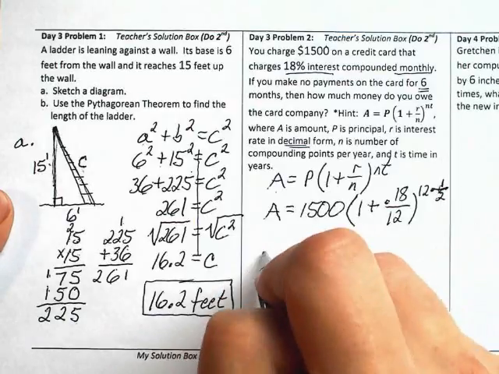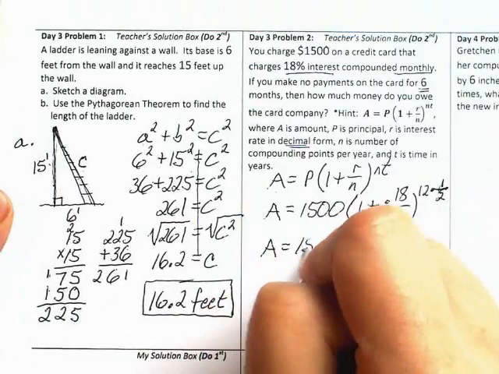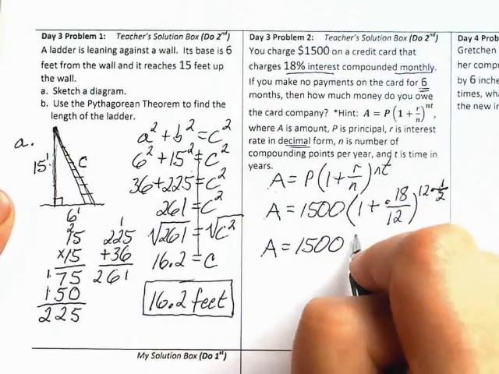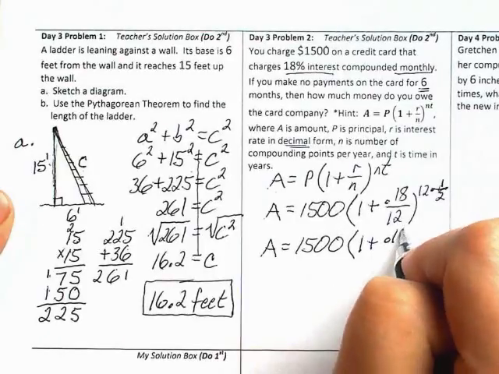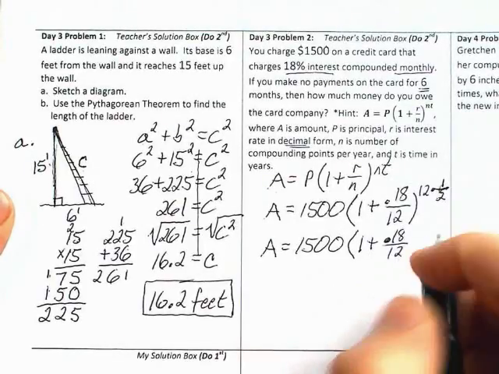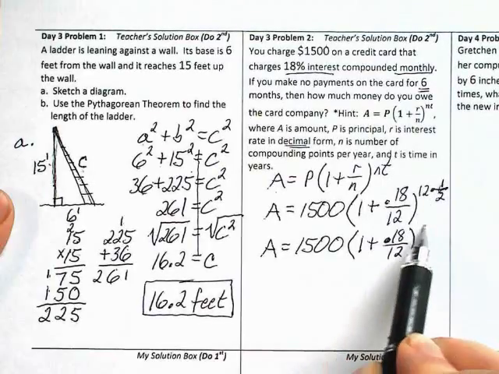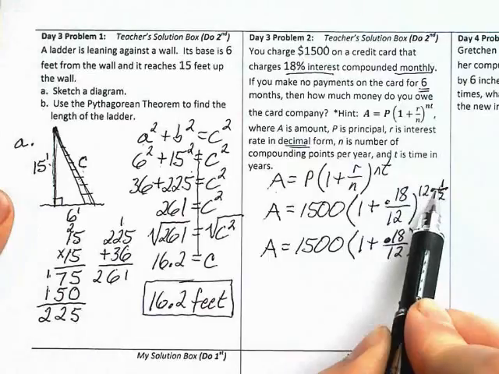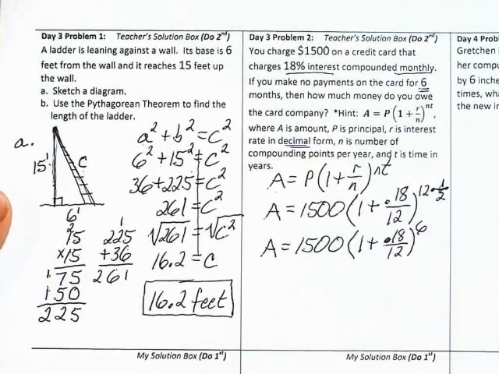Now to make this a little easier to type in the calculator, any work that we can simplify by hand first will mean less typing for us. And so I don't really know what 0.18 divided by 12 is just in my head or anything, so I can't really simplify that, but certainly the exponent can be simplified. 12 times a half, half of 12, that's just 6.